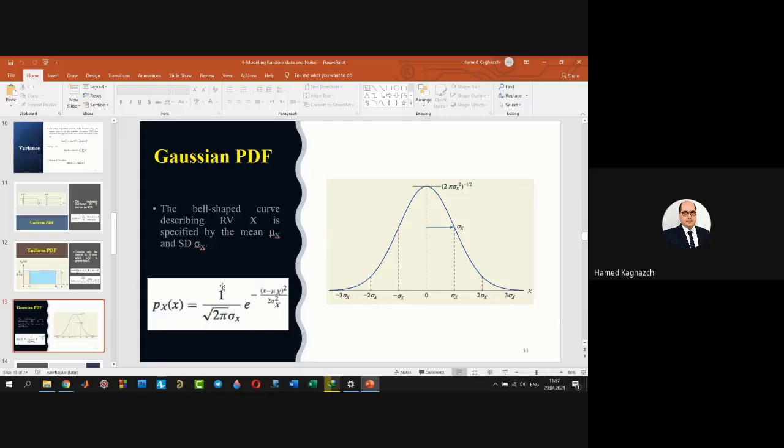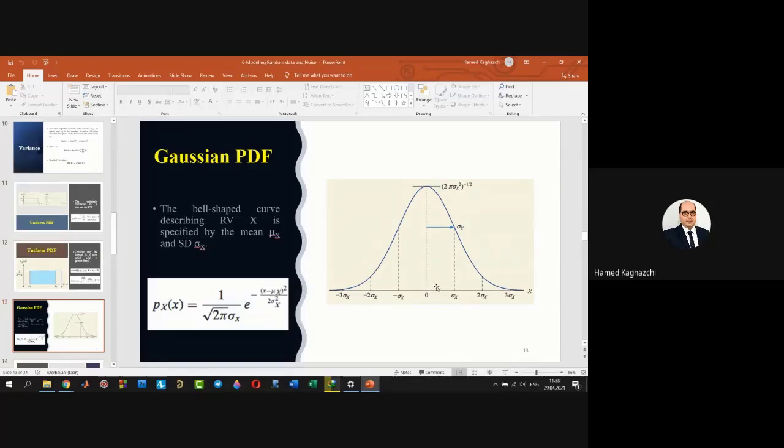And also, this term represents the amplitude of this curve: 1 divided by square root of 2 times pi times the standard deviation, sigma of x, multiplying by the exponential to the power of minus x minus mu of x, the mean value of this function, to the power of 2, divided by 2 times the variance of the random variable.